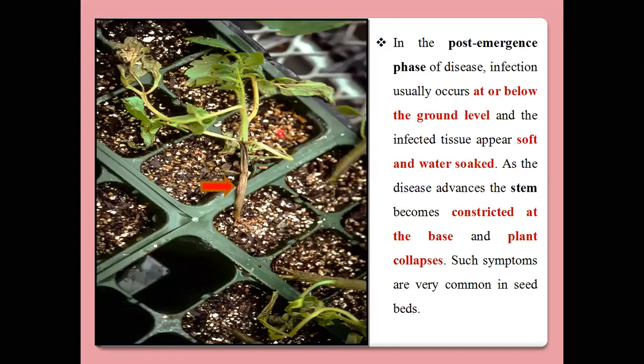Then see the second picture, in which the symptoms develop on well-developed tomato plants. Initially brownish spots are seen on the basal side of the stem of the tomato plants.